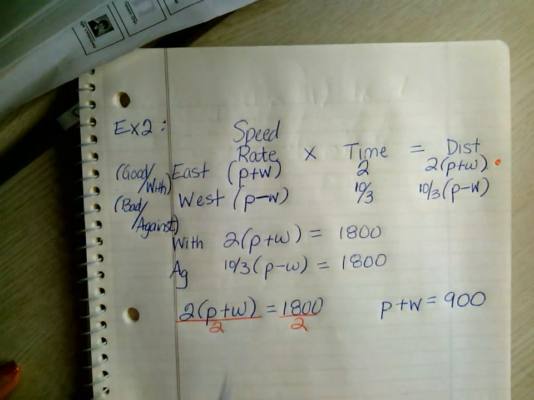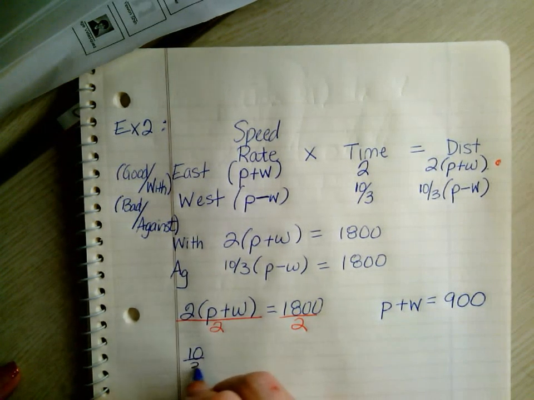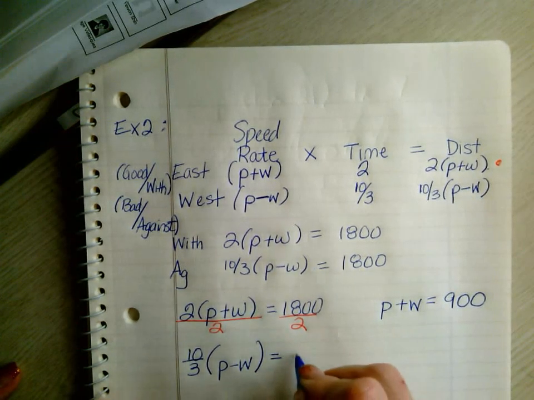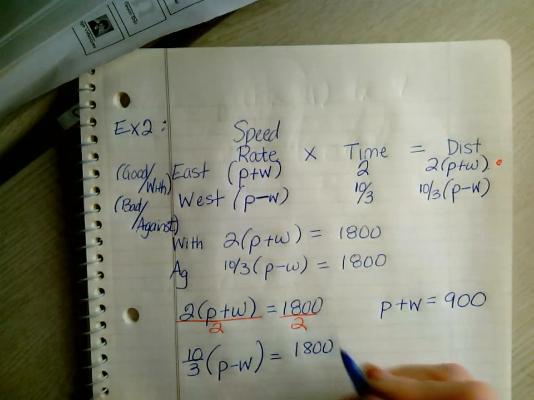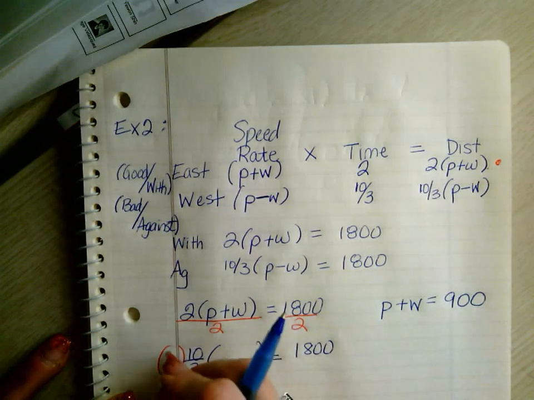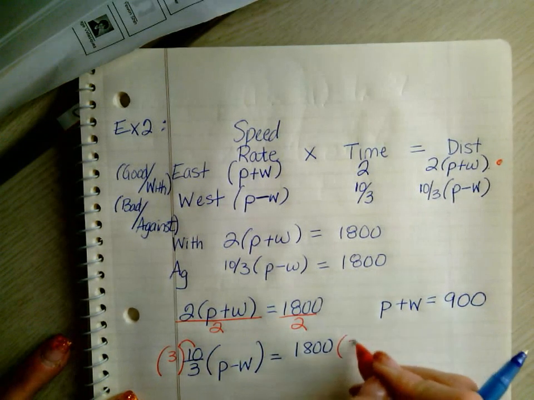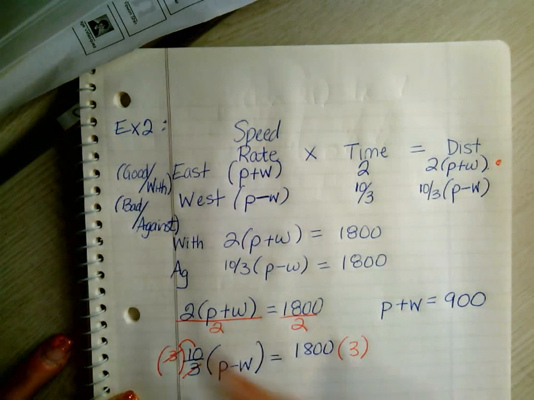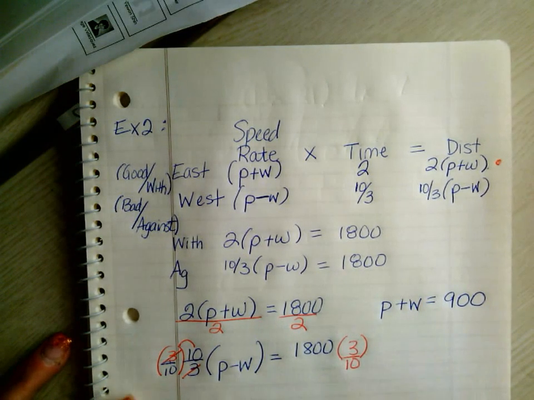The other equation, 10/3 times (p minus w) is equal to 1,800. If I multiply both sides by the reciprocal, 3 over 10, I am able to cancel out my fraction. We'll do it that way, because otherwise I'd still have to deal with this mess.